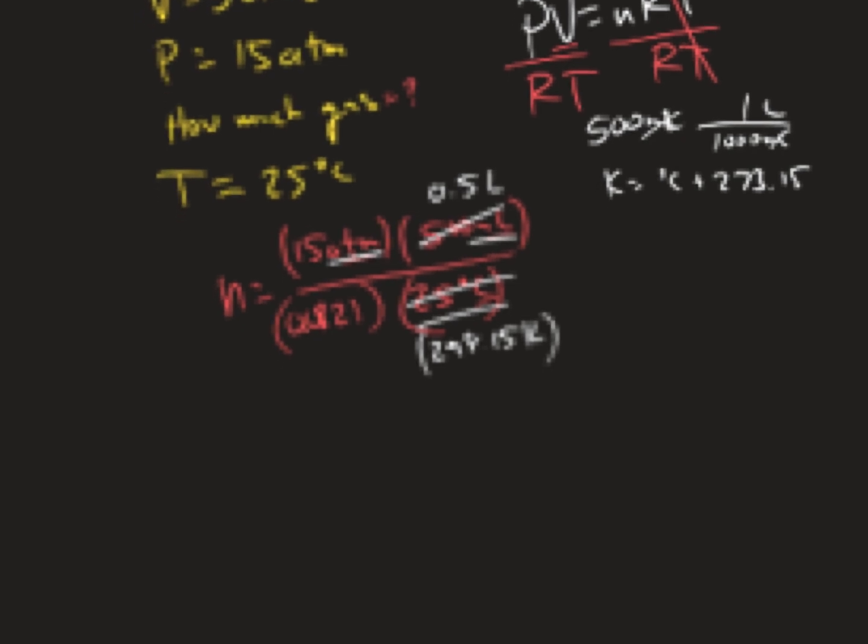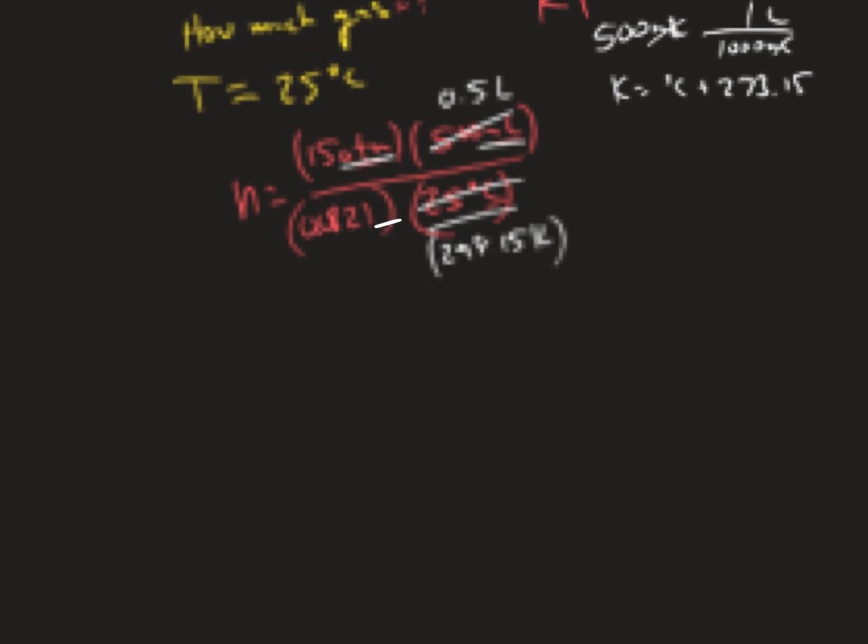But again, I didn't write the units here, but I always do just to make sure. Copy what the units are, and then just make sure everything cancels. So I'm going to rewrite this.